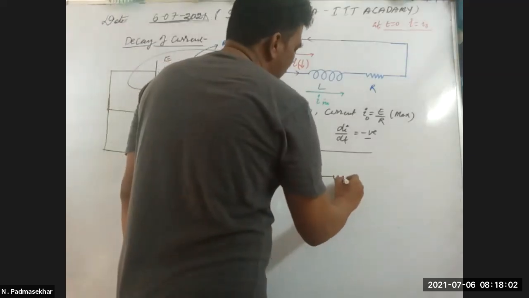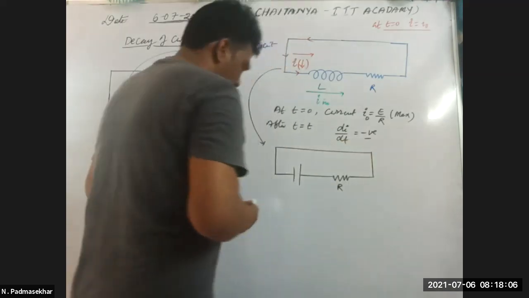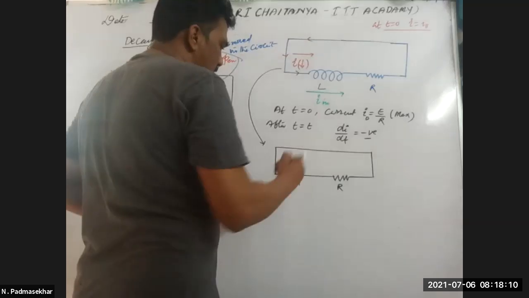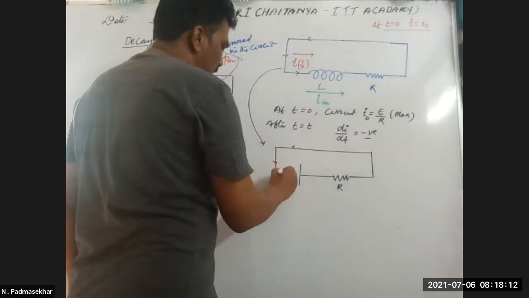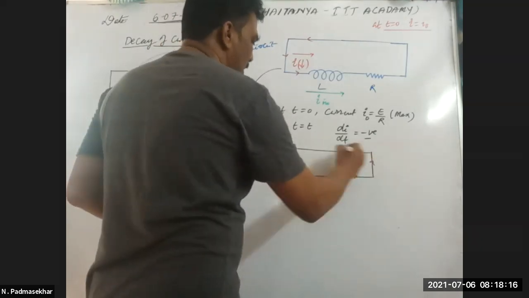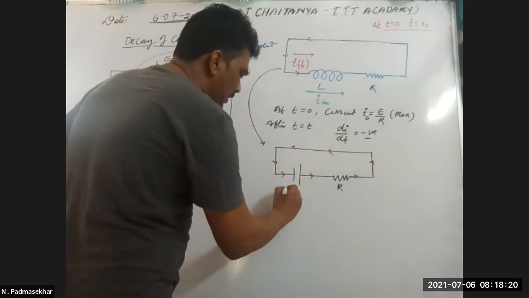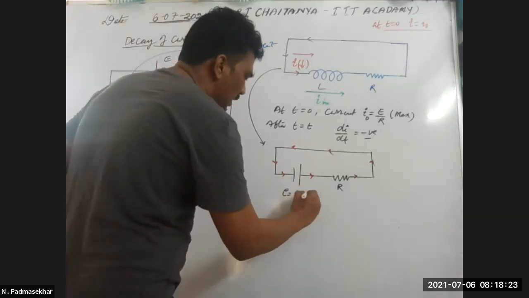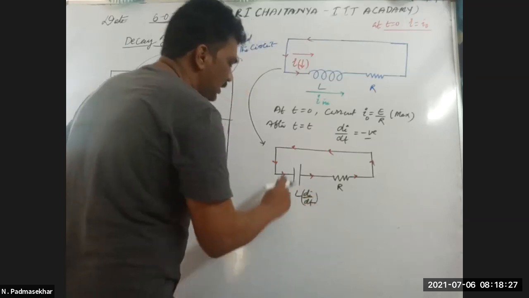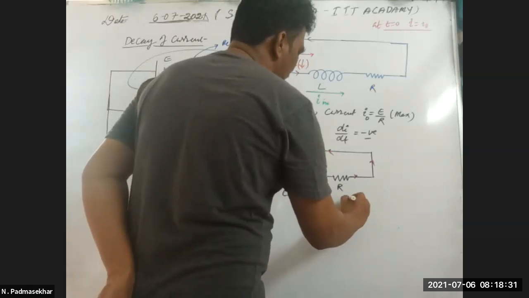This is a capital R. The original direction of the current is also in the same direction, like this. Here the EMF is E equal to L di by dt, the formula for the EMF of this cell, and the potential difference is IR.